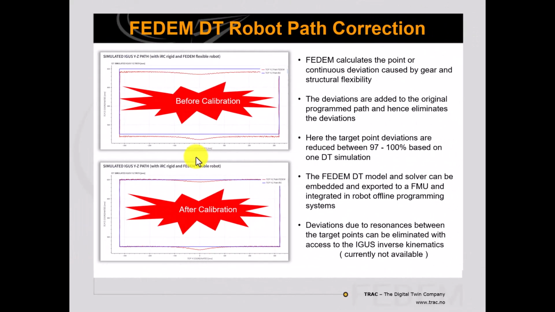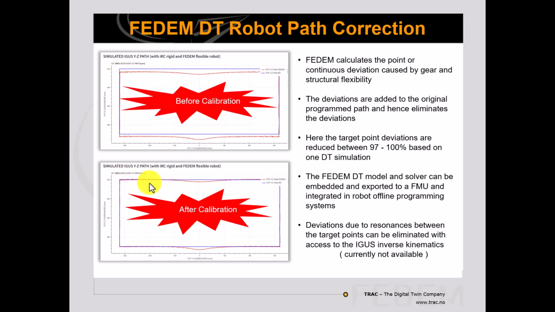This slide is showing the TCP accuracy before and after calibration. The blue rectangular pattern is the kinematic pattern calculated by iRC. And the red pattern here, the trajectory, is the one calculated by FEDEM. And you can see there is a deviation in this Z direction, and it's in the range of 2 to 4 millimeter.